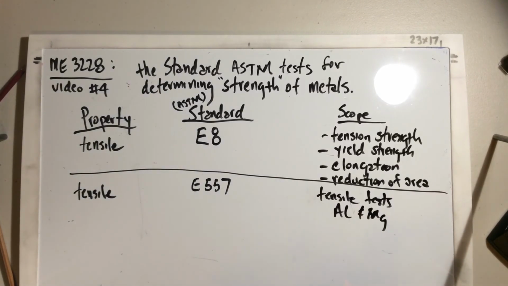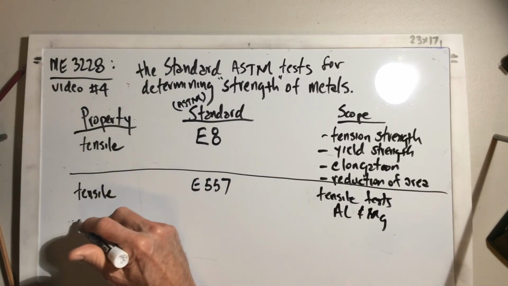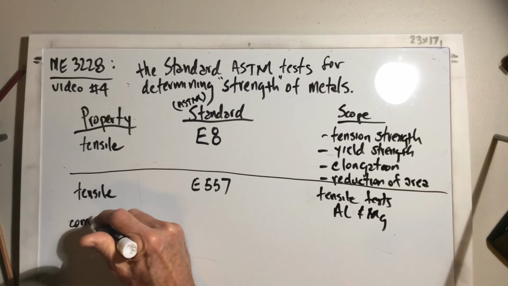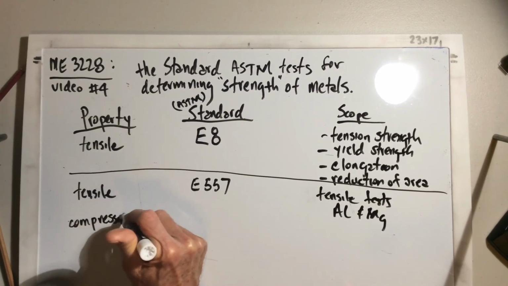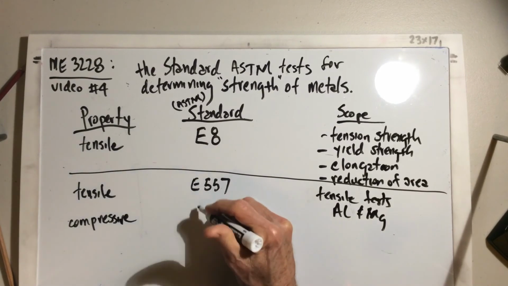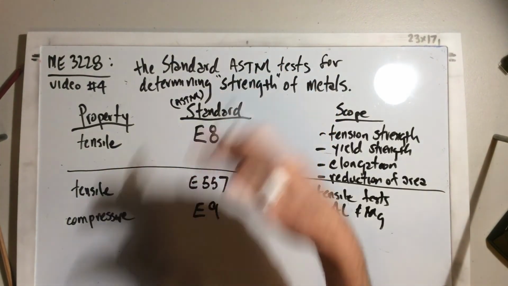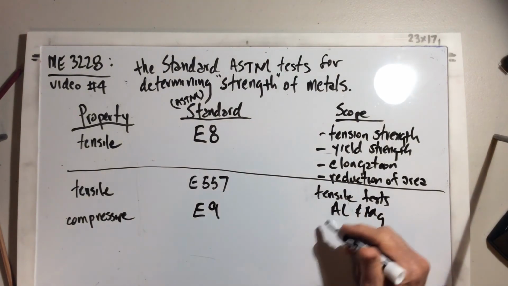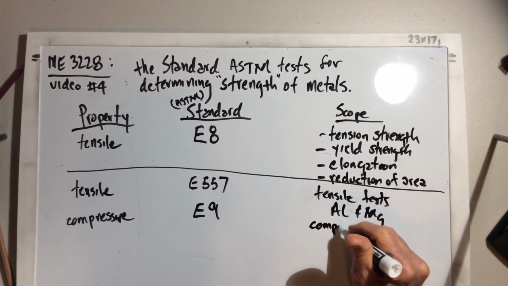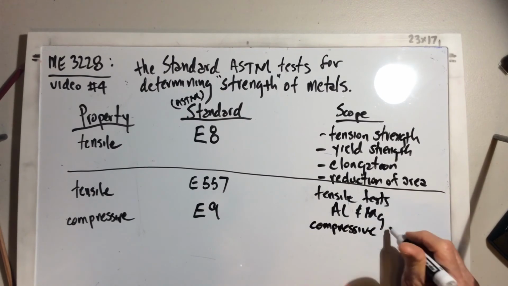Okay, and then, like I said, you can also do a compressive test, and that number is an E9. Most machines are capable of doing both. So that's an E9, and of course you would get compressive tests. Okay.